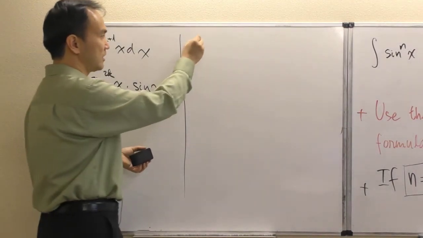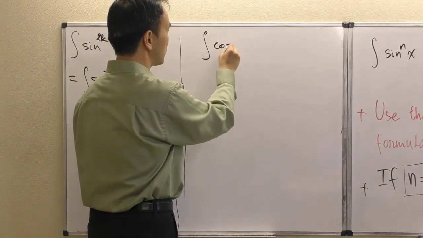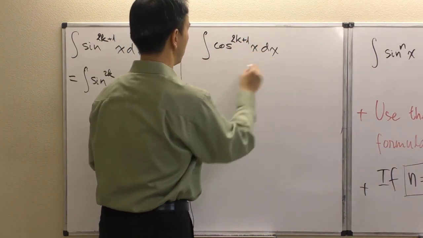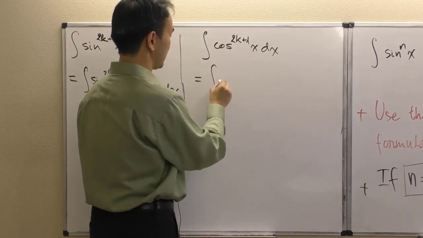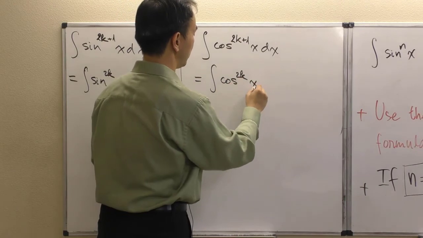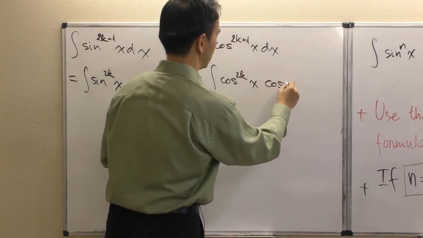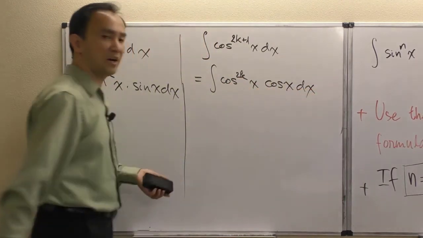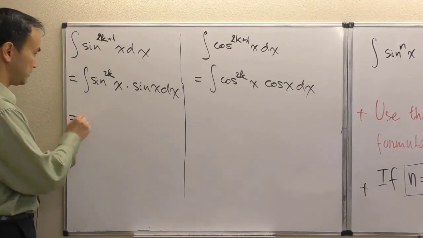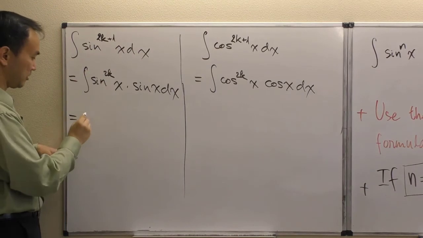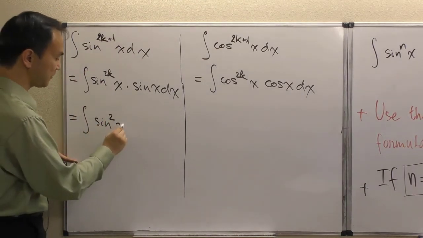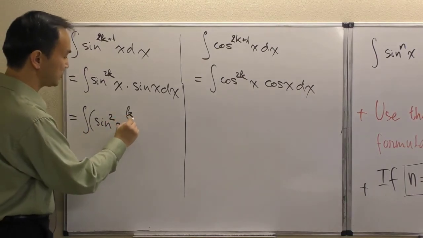And in the same way right here, if it was a cosine, then starting with cosine to the 2k plus 1 of x, we can rewrite that as the integral of cosine to the 2k of x times a separate factor cosine of x. Then in the next step, you see that that's an even power. I'm going to purposely rewrite it as sine square of x raised to the k power.